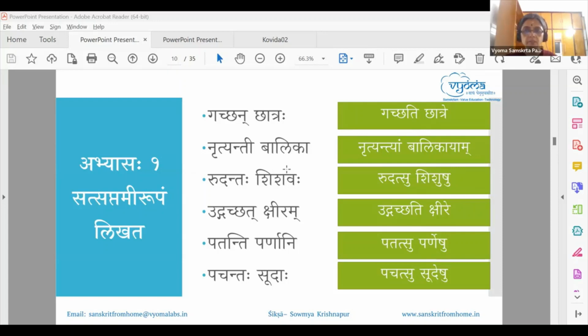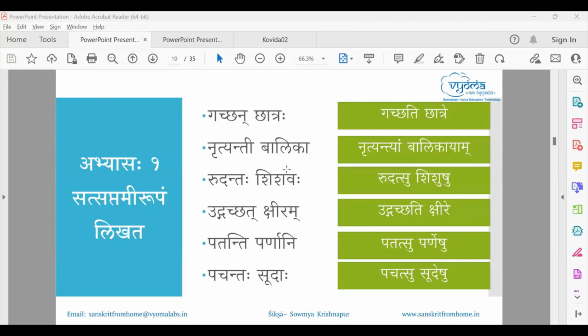Like Gurushu, Shishushu. While the children are crying. When the children are crying. Which one is correct? Both are okay. While the children were crying or when the children were crying, or are crying. Yes. Right.